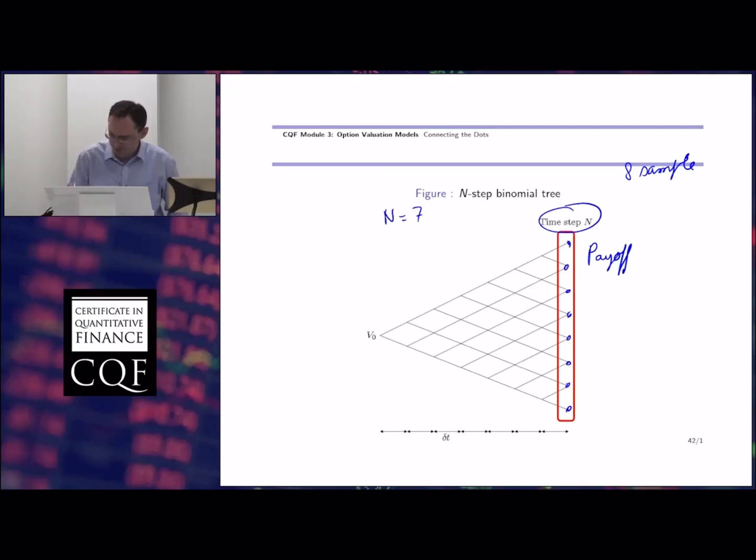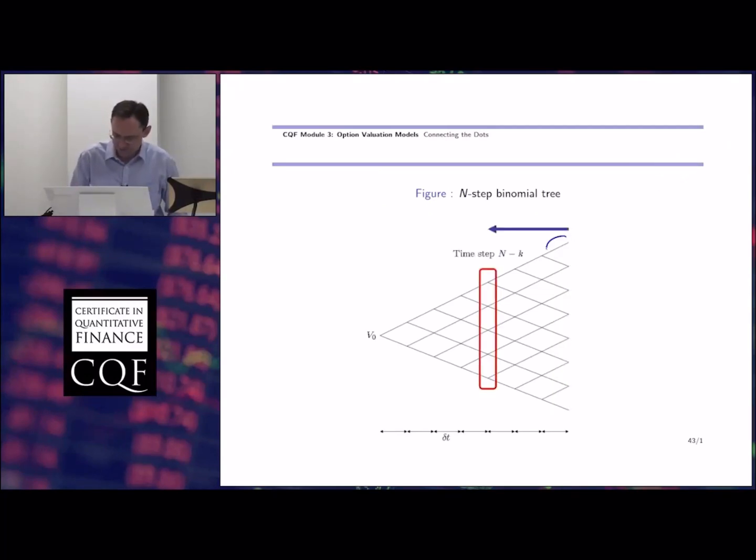And from the payoff, we will roll backwards in time. Time n minus 1, n minus 2, n minus 3. So here, k is equal to 3. All the way to 0.